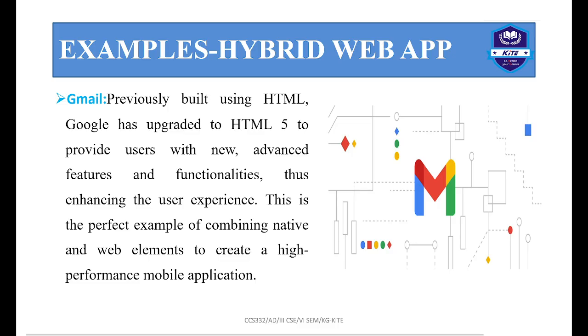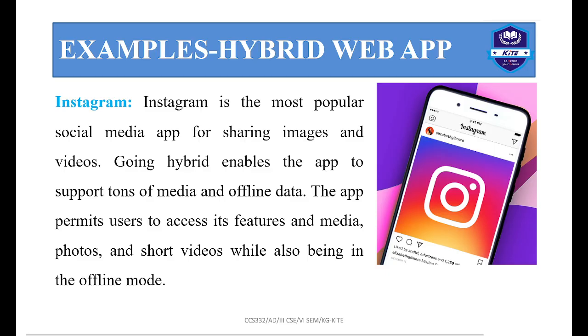This enhances the user experience, and it is a perfect example of a hybrid web application, as Gmail can be used both in the web browser and as an application on mobile phones. It combines both native and web elements to create a high performance mobile application.